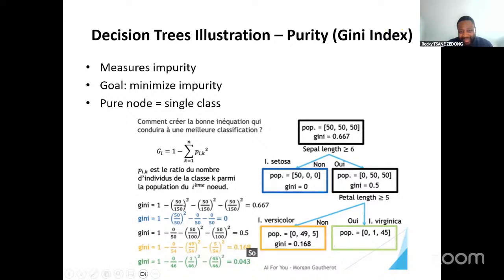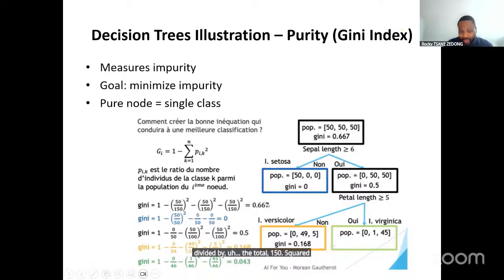So we have here, if we take the first node, 1 minus 50 for each one, divided by the total 150, squared.